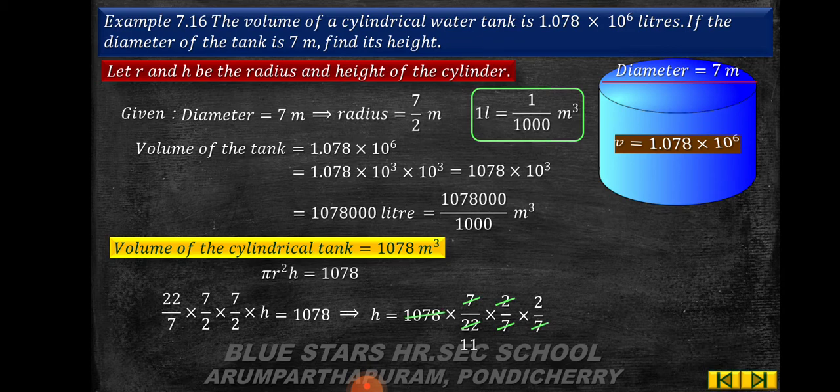Again 7 and 1078 get cancelled, you get 154 times. Then 11 and 154 get cancelled, you get 14 times. So h is equal to 14 into 2, h is equal to 28 meter. Therefore, height of the tank is 28 meter.